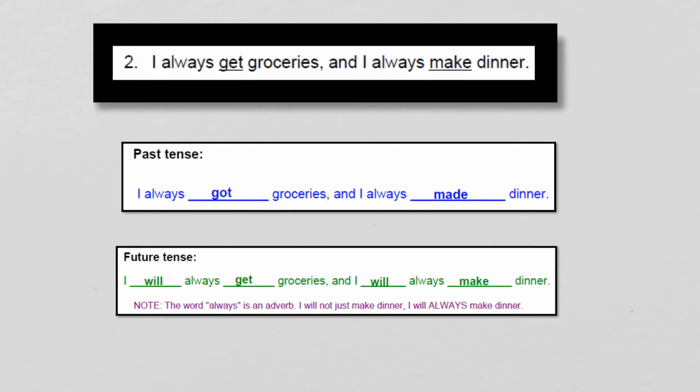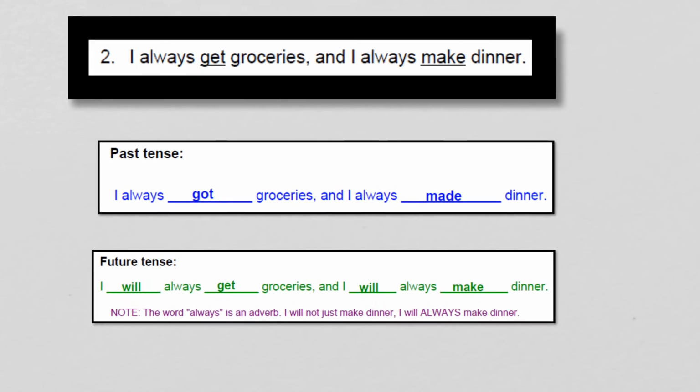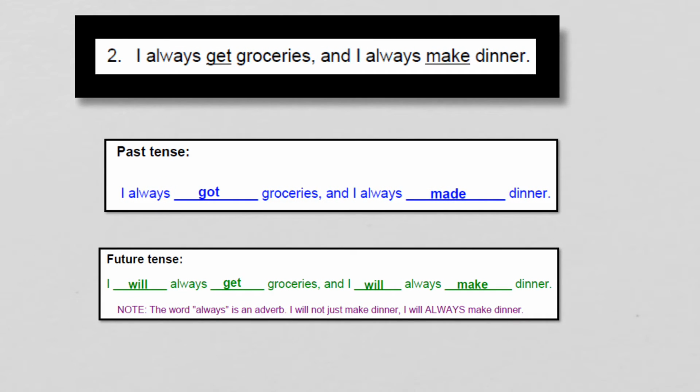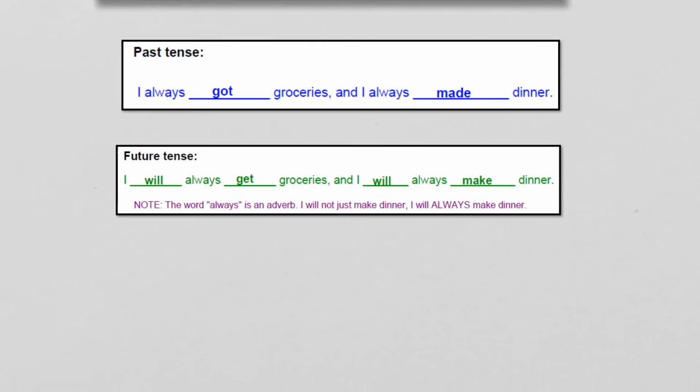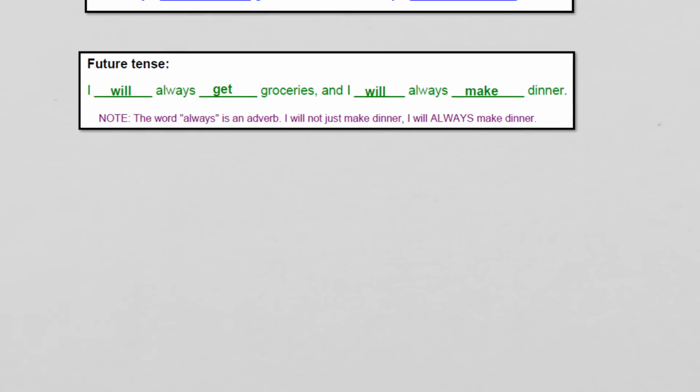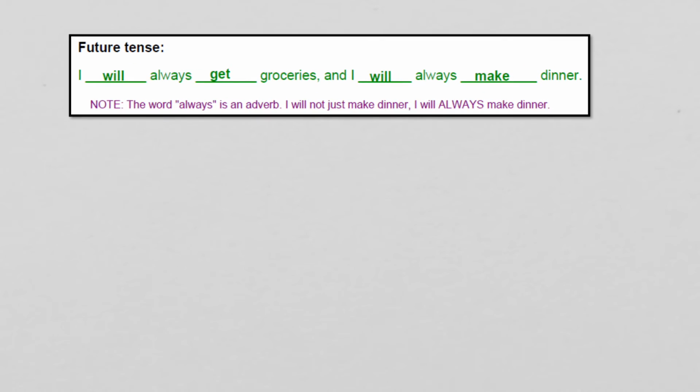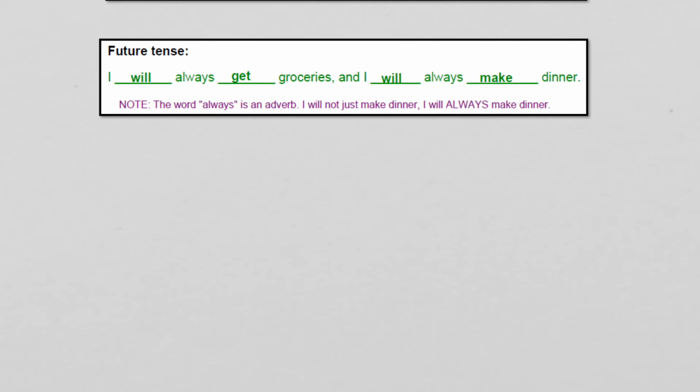So if we're looking at the present tense and the past tense, that adverb will come before the verb. But if we look at the future tense, what happens is the word will has to go first. The adverb always will go in the middle. And then the rest of that verb phrase will go at the end.